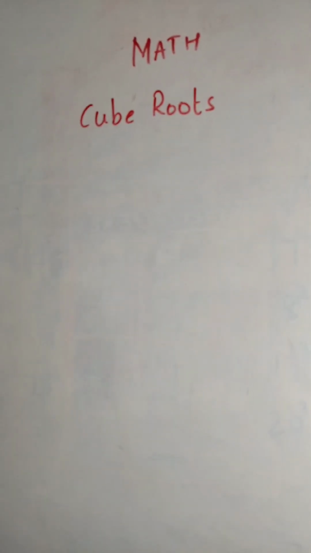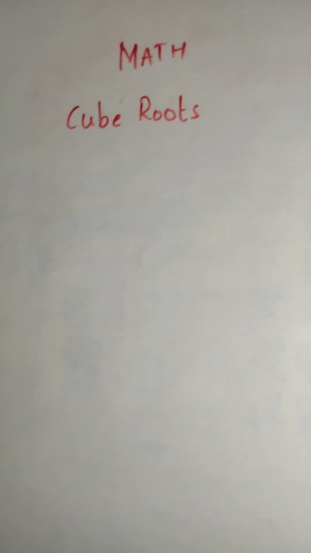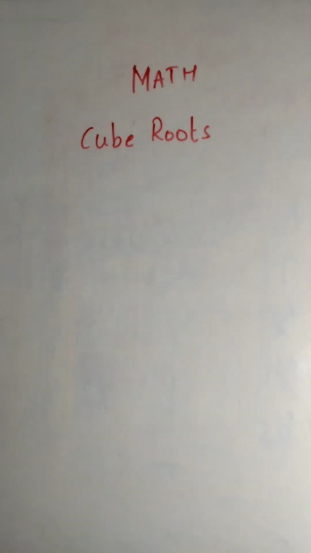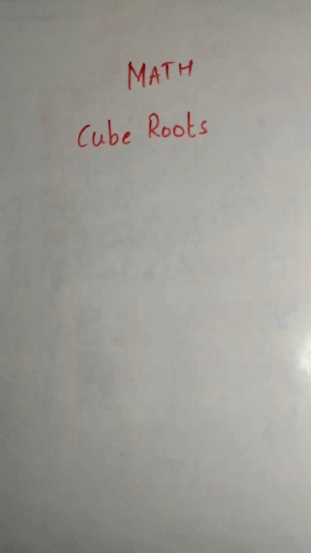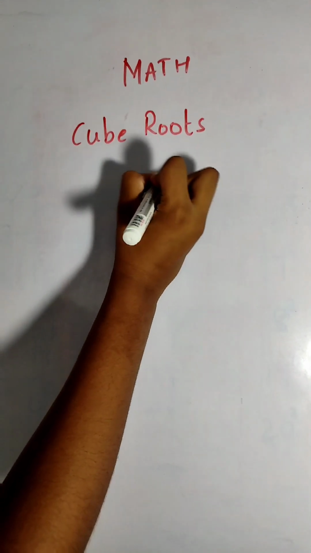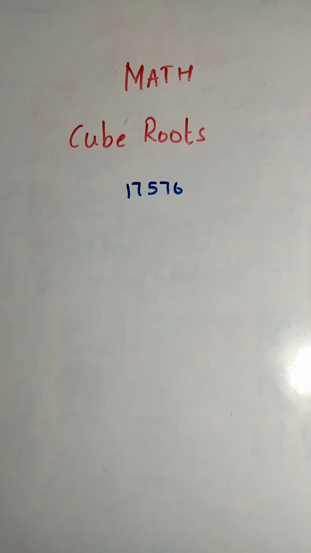Okay, so now that I've told you one of the rules, let's see another very simple method that we can use to figure out the cube root of another number. For example, let's take the number 17,576.